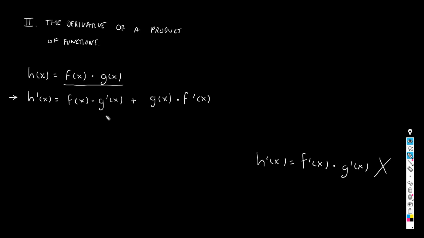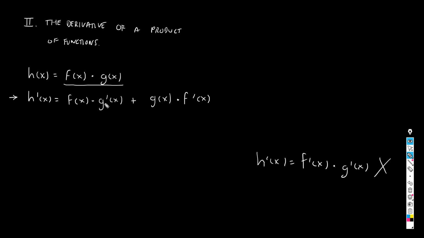Okay, so like I've been telling you, you have to memorize these rules. The way in which most people memorize these rules is kind of like in a song or something like that, like with words. For example, the way I memorize these formulas is this: the derivative of the product of two functions is the first one times the derivative of the second one plus the second times the derivative of the first.